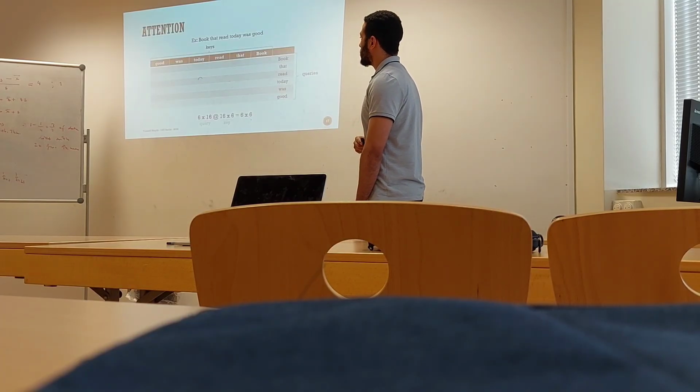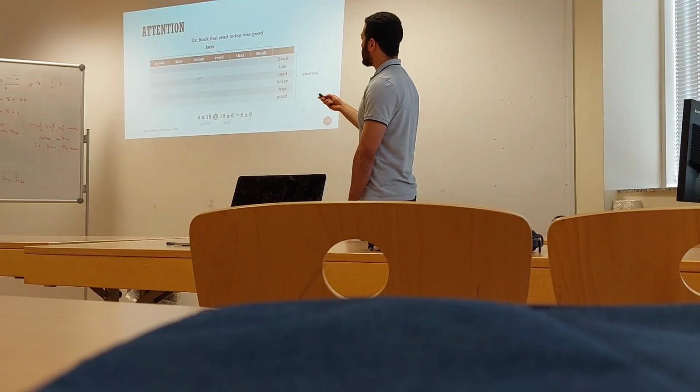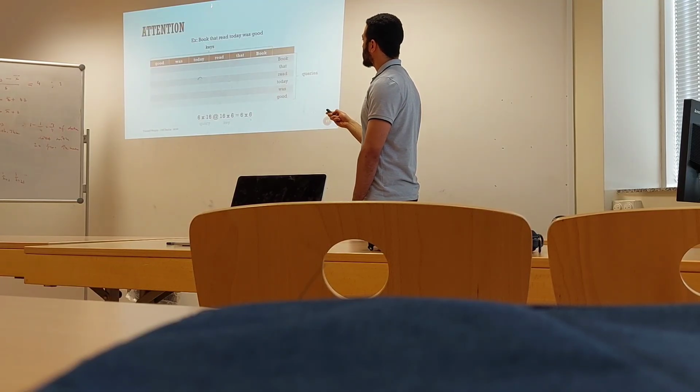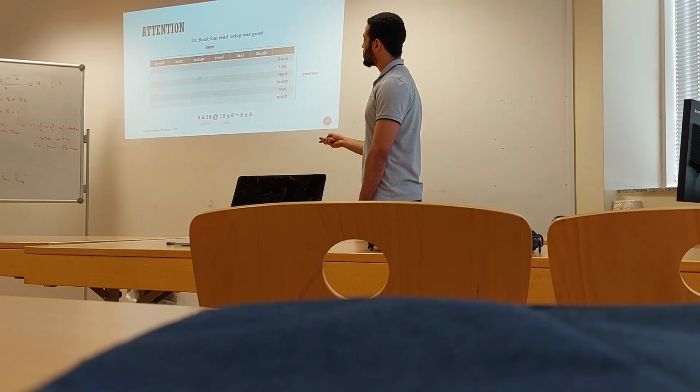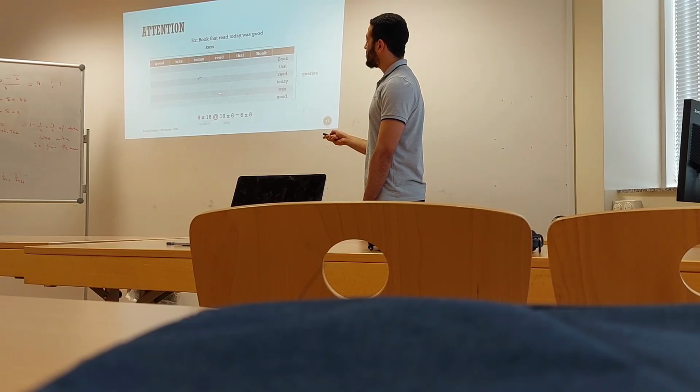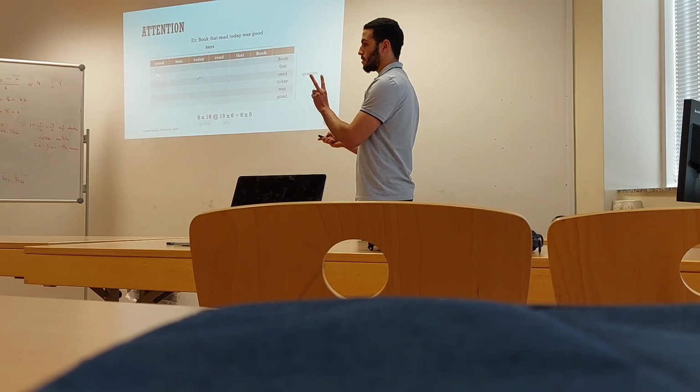Briefly, if you have a sentence, like 'book read today was good, great,' with 6 tokens, the matrix is number of tokens times head size, and we matrix-multiply it by the same matrix transposed.